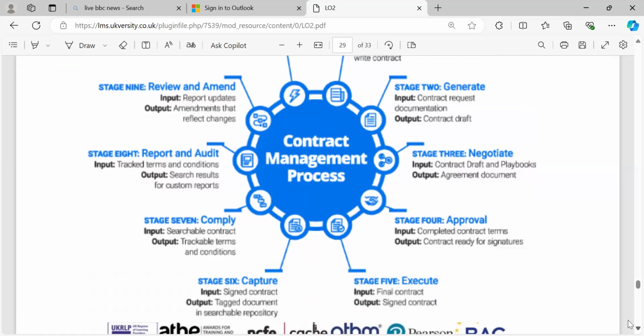Stage five is comply: searchable contract, traceable terms, and reporting. Stage eight is to track the terms and conditions and set the results, and customs export like import and export.